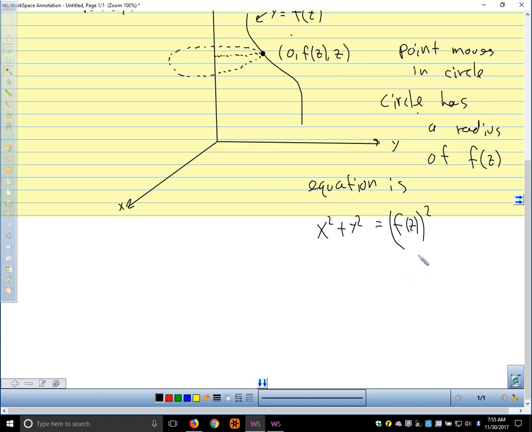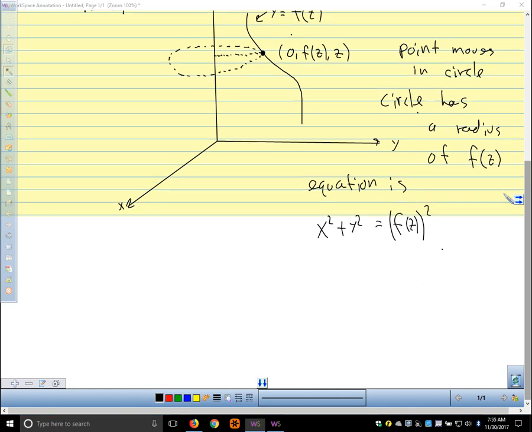So that our notation matches the book, we'll write it as x squared plus y squared equals r of z squared, r for radius. That gives us an equation of that surface. For any point on the surface, the coordinates satisfy x squared plus y squared equals r of z squared.